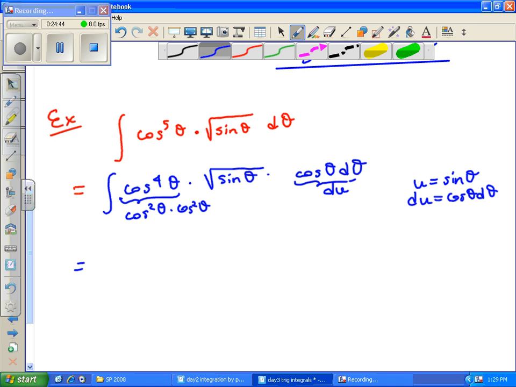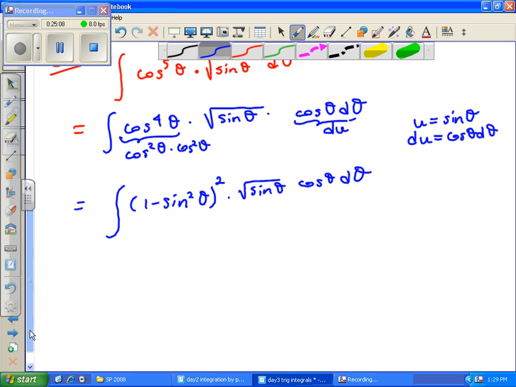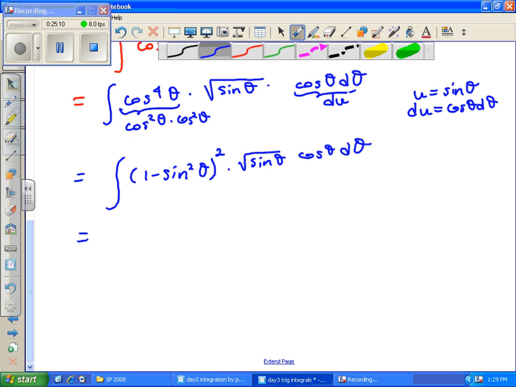So I'm going to write cosine square in terms of sine square, which is 1 minus sine square, times another cosine square. I could really do this, just square that, times root sine theta, cosine theta d theta. This is where I'm going to put everything in terms of u. Remember, u is sine theta.